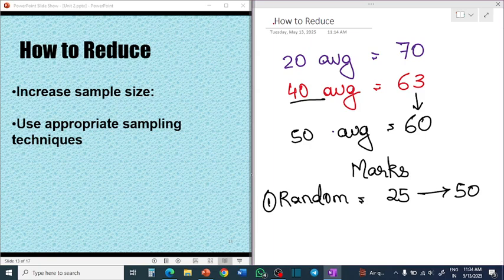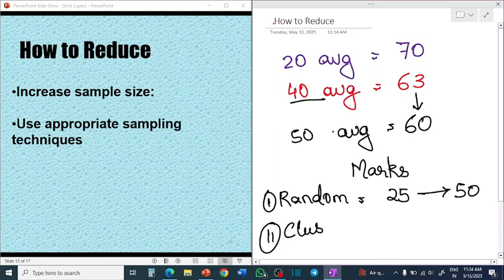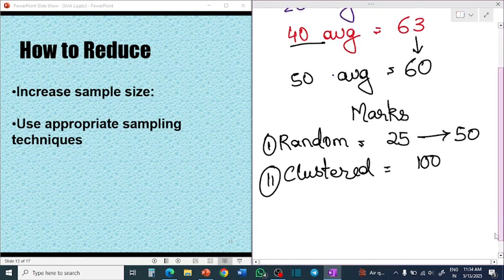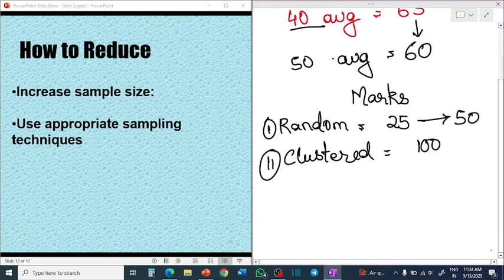There is another sampling technique known as cluster sampling. Suppose there is a very large population in the class, a total of 100 students. You have to make different clusters.